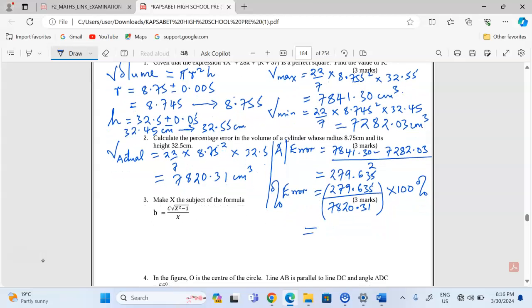Relative error is absolute error out of working volume. So I'm going to divide 279.635 by 7820.31. Then I multiply by 100. This gives me 3.576%.